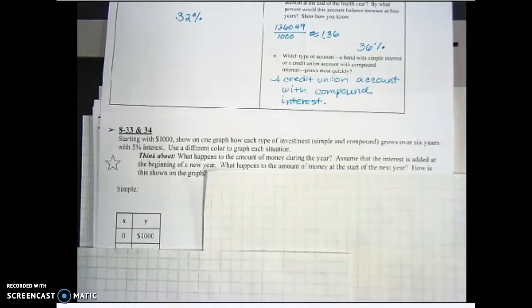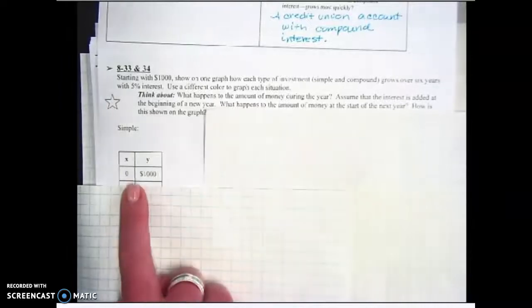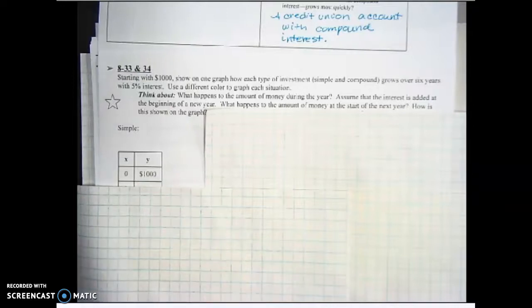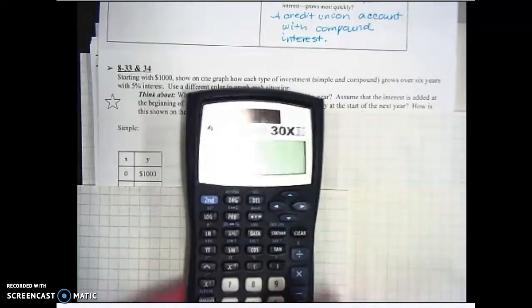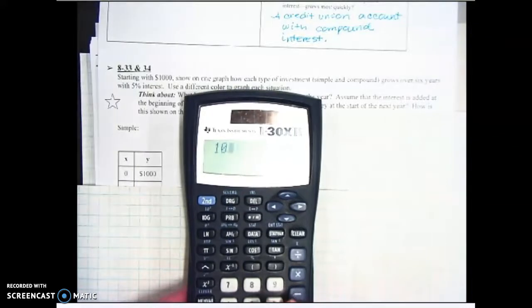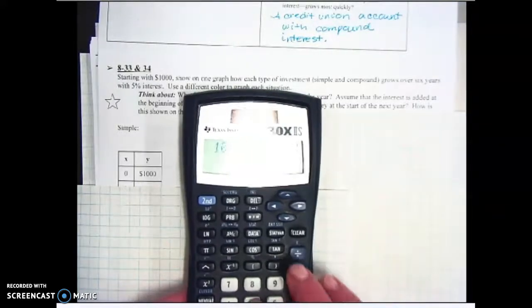But first, we're going to do the simple interest, where we're starting again with $1,000. And we want to find out what is 5% of $1,000. And you guys already told me it's 0.05, right? So you're going to take $1,000 and multiply by 0.05.